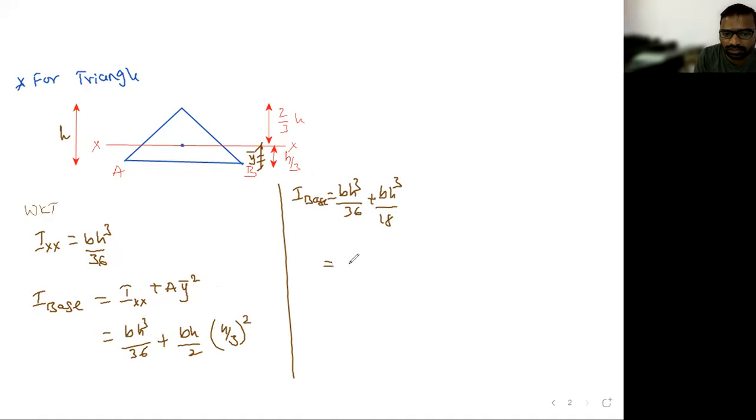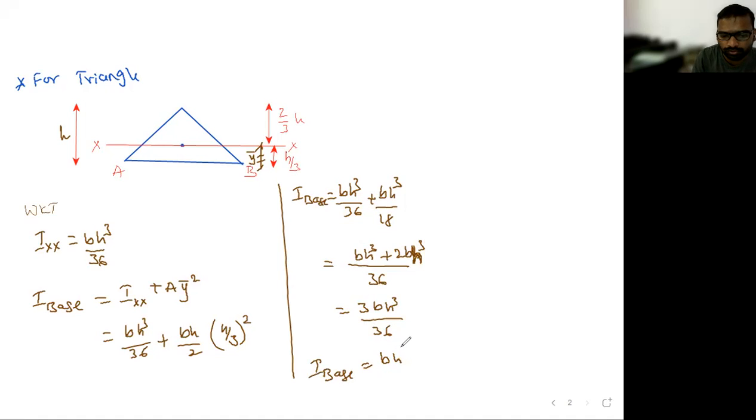Okay, so the LCM is 36: bh cube plus 2 times bh cube, that is 3 times bh cube upon 36. So I about base is equal to bh cube upon 12.